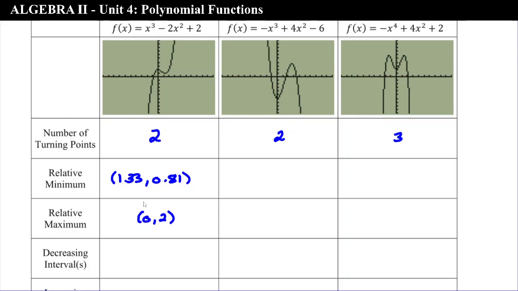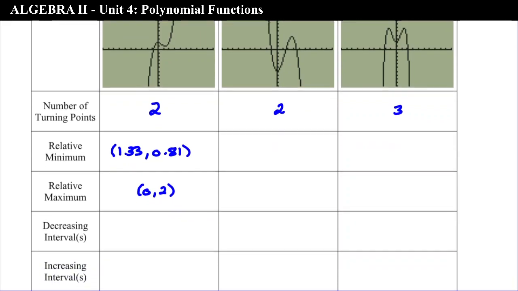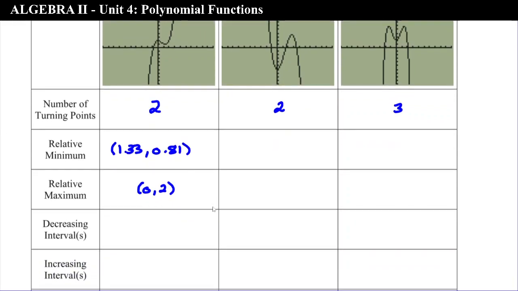Okay, so first of all, let's do decreasing and increasing kind of as a pair. Okay, well, what are we doing first? We're increasing here, right? So we can go from negative infinity to, and it goes up to 0, right? Because that was our relative maximum. It was at x equals 0. So we're going to put 0 there.